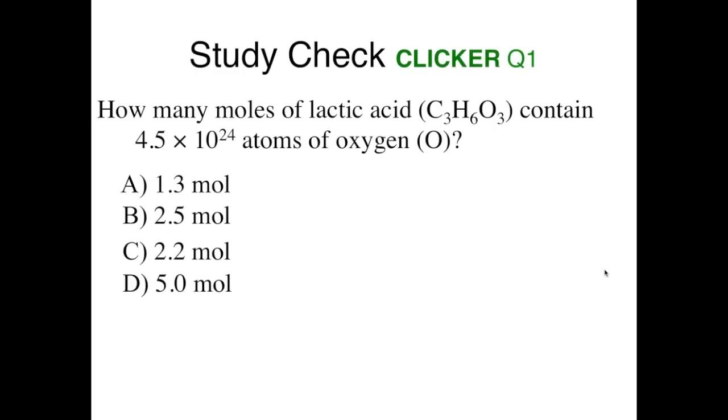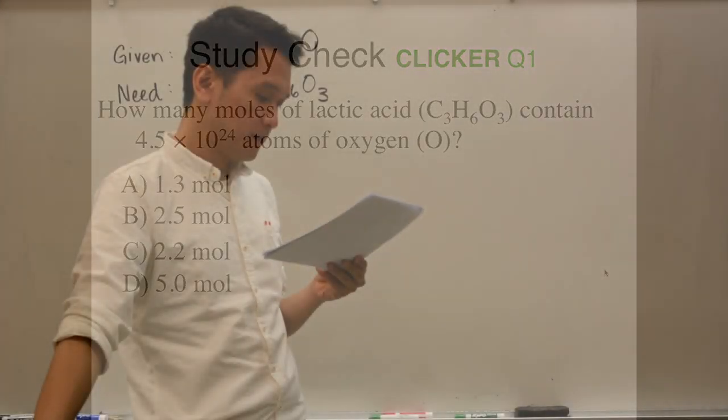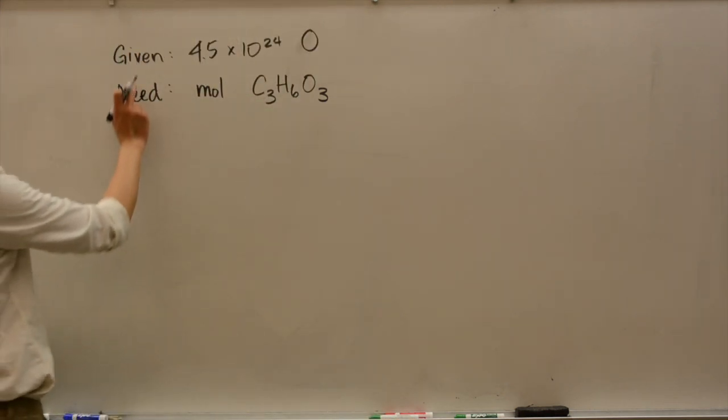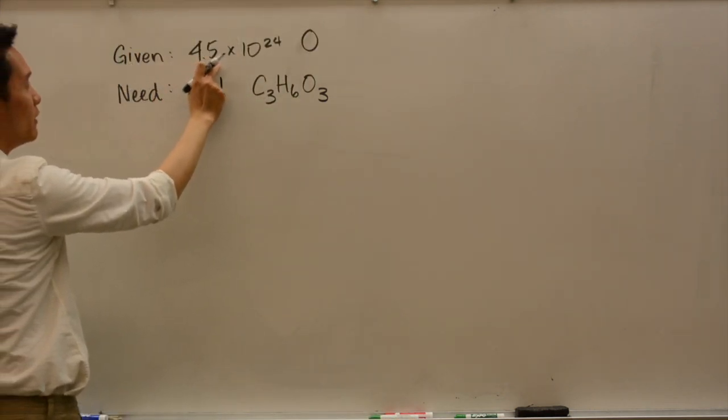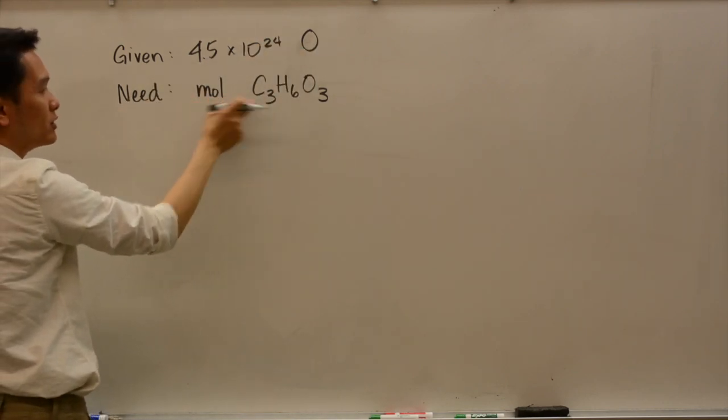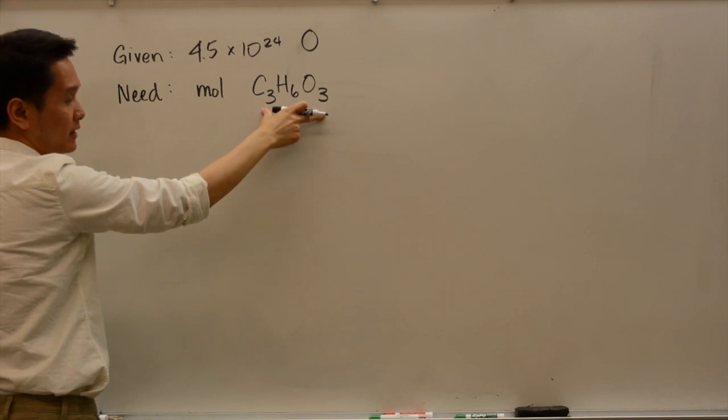Okay, so let's do our final checkpoint for this section. The question asks, how many moles of lactic acid, which is C3H6O3, contain 4.5 times 10 to the 24th atoms of oxygen? Okay. So to set up this question, you are given that you have 4.5 times 10 to the 24th oxygen atoms, and you need to find how many moles that relate to of lactic acid.